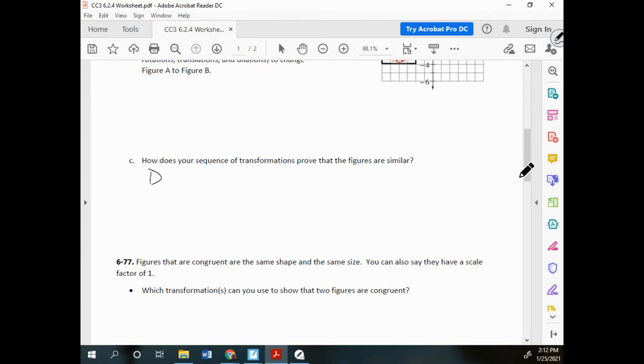We dilated. So dilation, rotation, and last thing we did is translation. Do not change the shape except for the size.